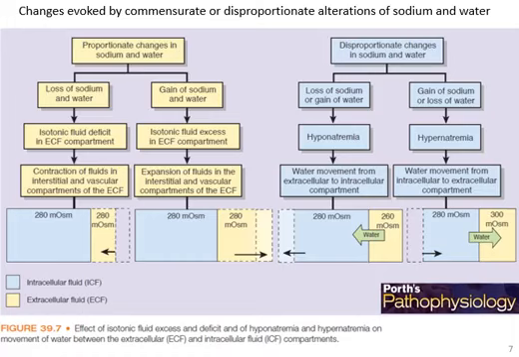In isotonic fluid excess, the regulation of both previously mentioned hormones is accompanied by a single factor of natriuretic peptide release. They play a very important role, ANP and BNP release, in the management of such situations.